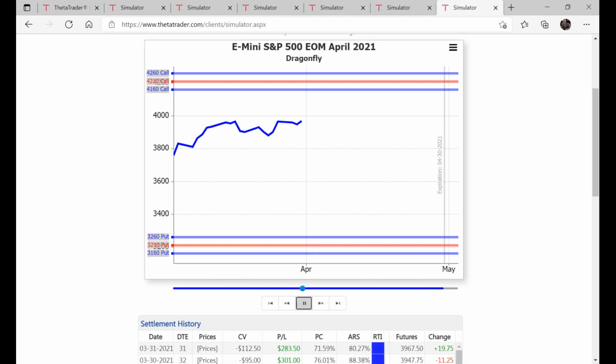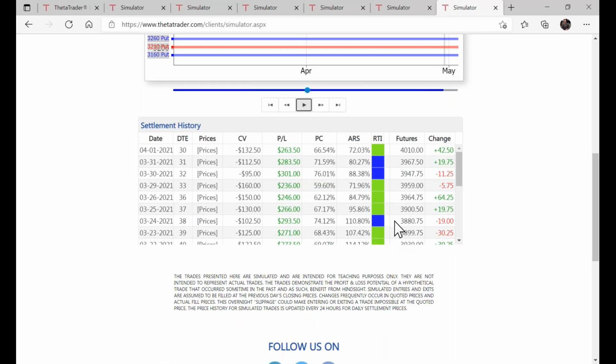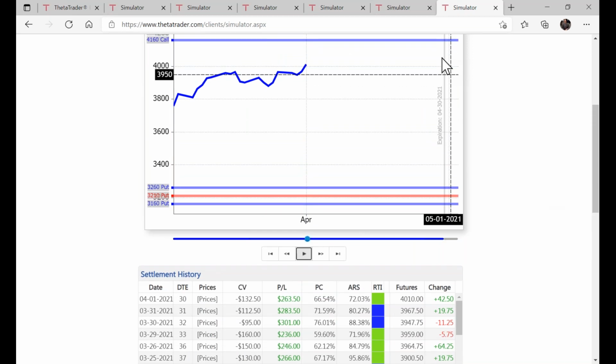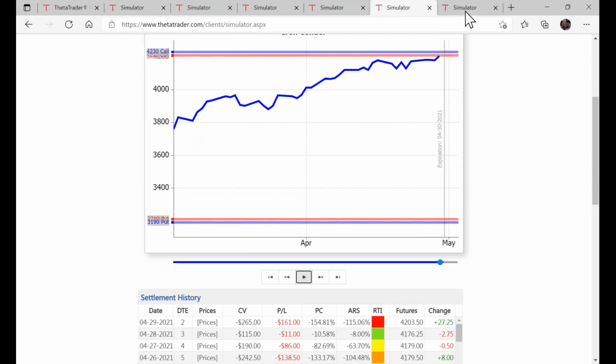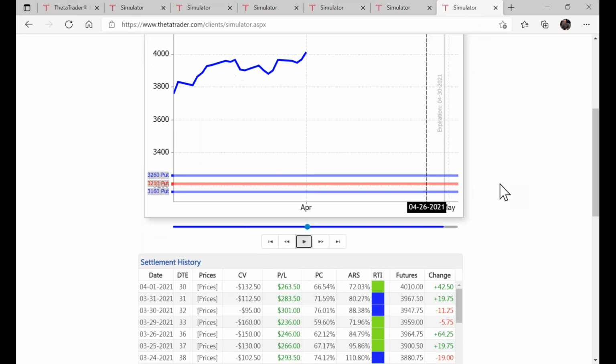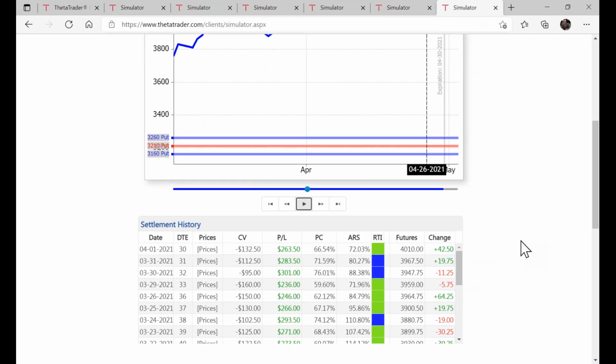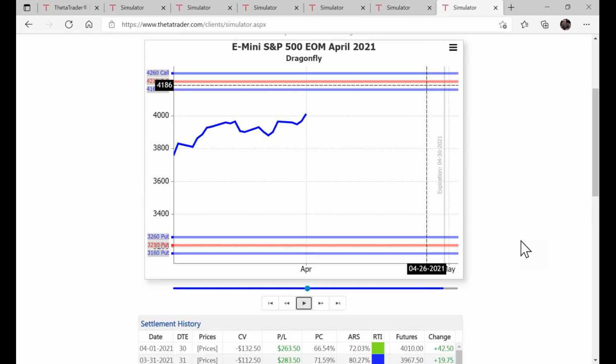And look at that, folks. Profitable. Opportunity to take profits on that Dragonfly according to the algo here and here. So instead of being in this Condor where you ended up taking a loss, had you done a Dragonfly, you would have actually ended up with profitable opportunities to close out that position.